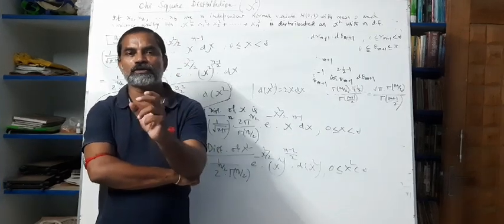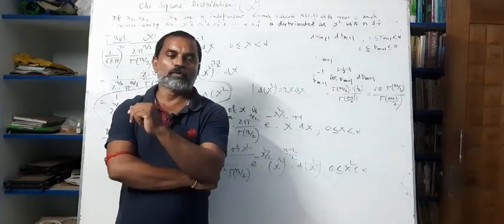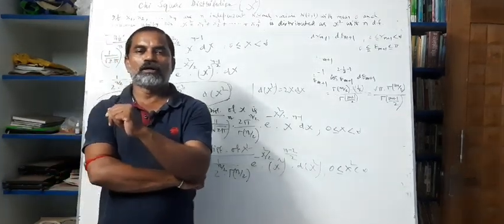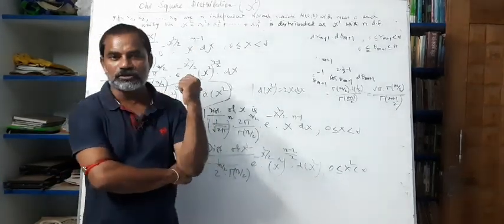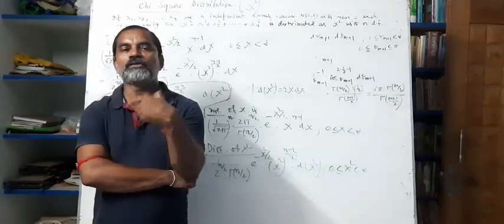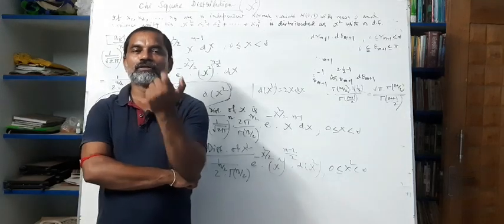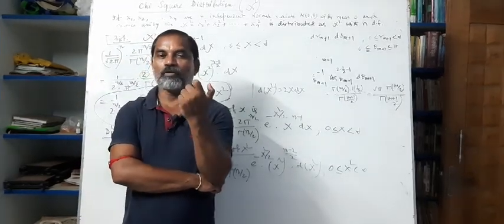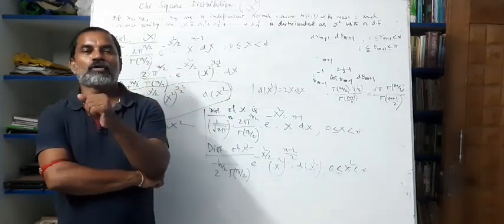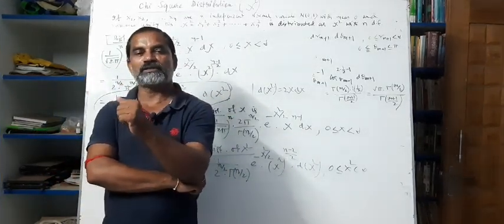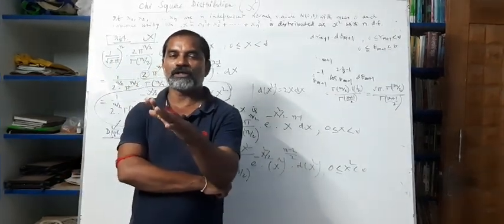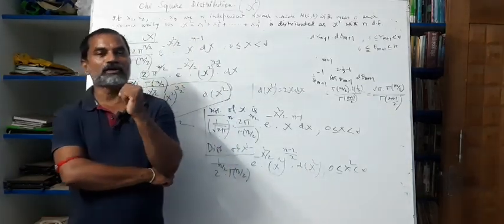We first established this for two normal variates, that is x1 and x2, and the sum of their squares is a chi square distribution with 2 degrees of freedom, and then we established it for 3, and then we assumed this is true for n equal to m, where m is greater than or equal to 3, and finally we proved this for n equal to m plus 1, and by the induction method the result holds for any n.